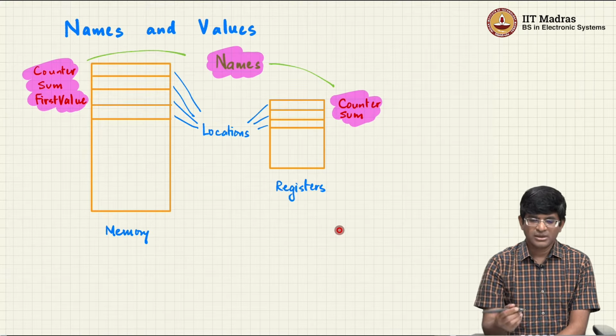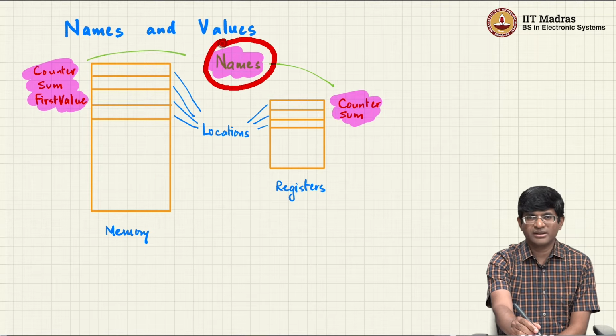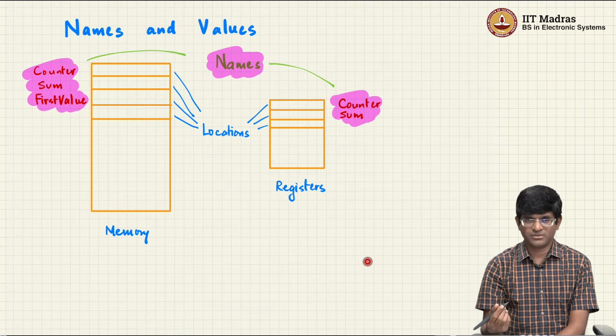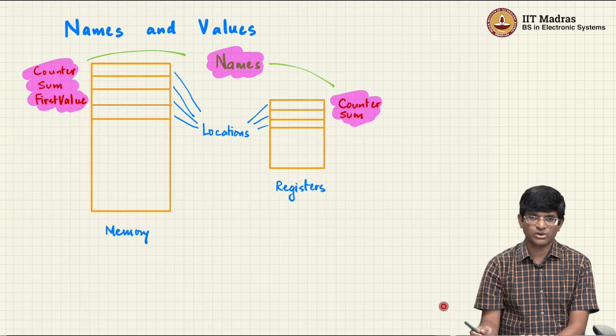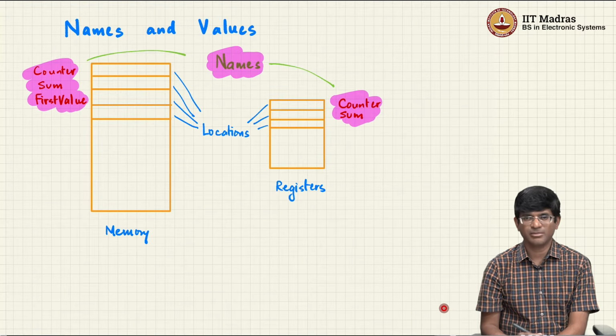The bottom line is that these are names that we give to these different locations, which makes it easier for the human to understand, rather than for the computer. The point is that the compiler, which then goes through this program that you have written, can easily translate between those human understandable names and something that a computer can understand.